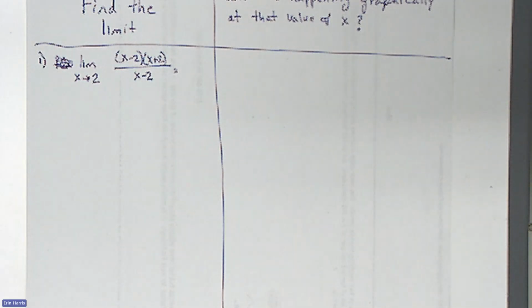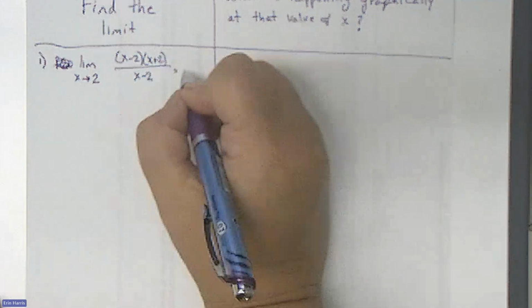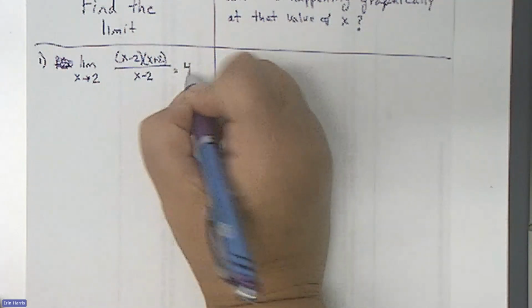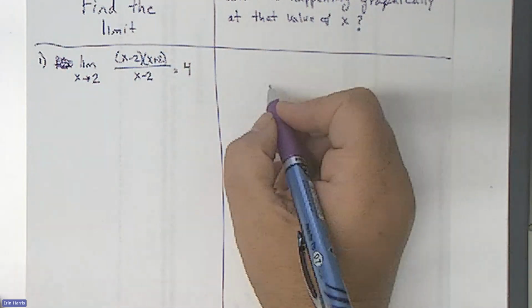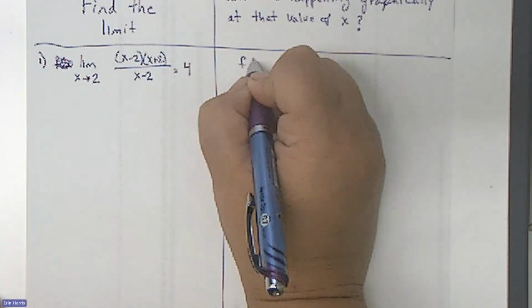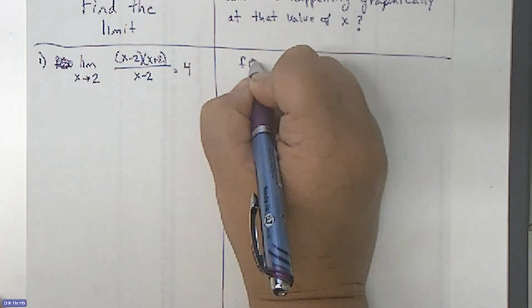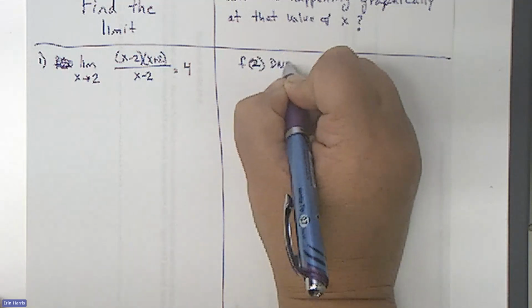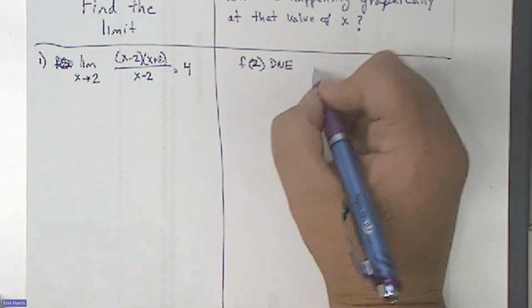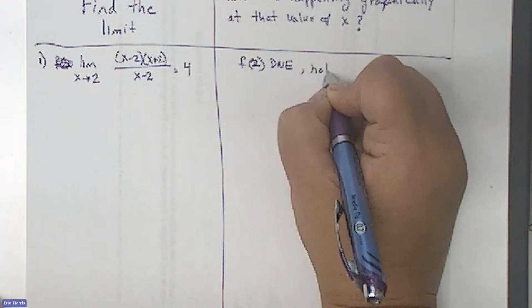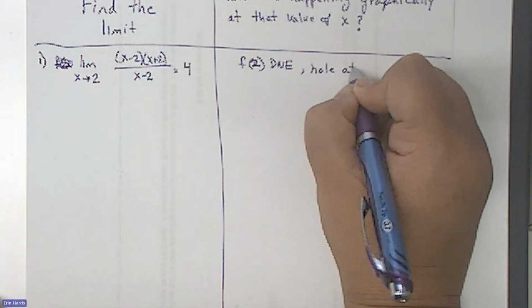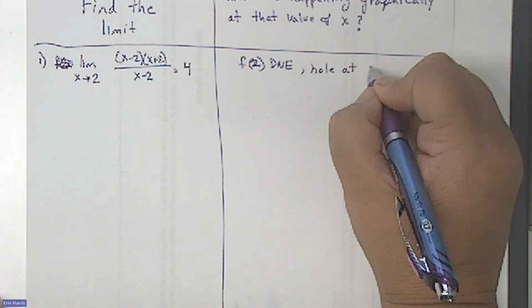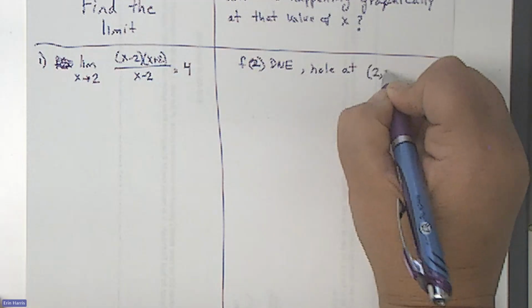So that's what happened on Friday when we looked at the table of values. So we said this limit is 4. So what's happening graphically? F of 2 did not exist because we got an error on the calculator, but then there was a hole at the point 2, 4.